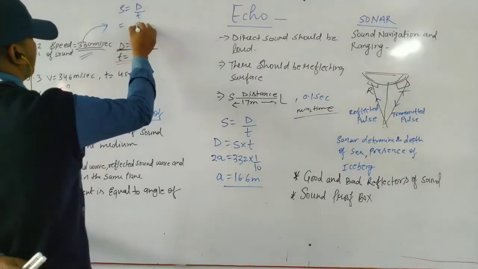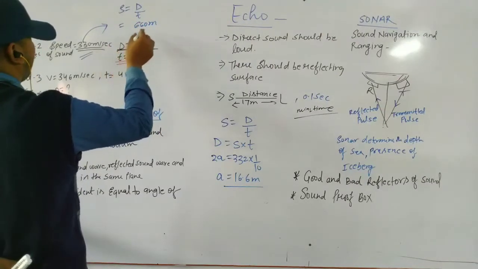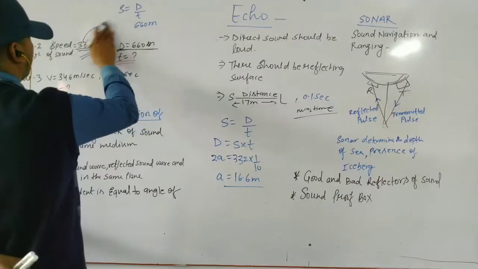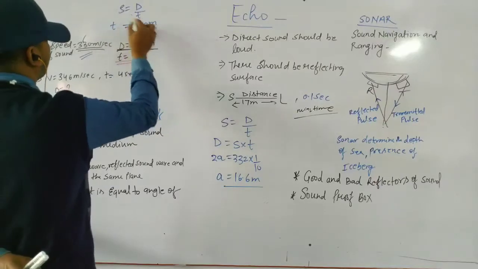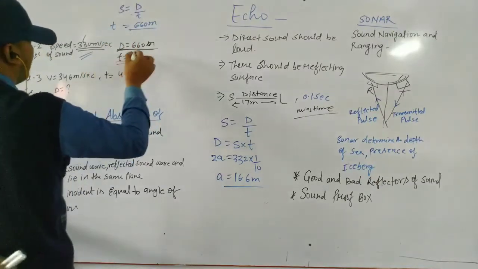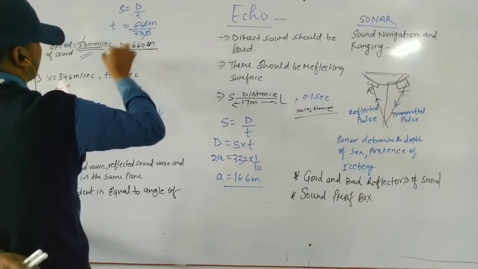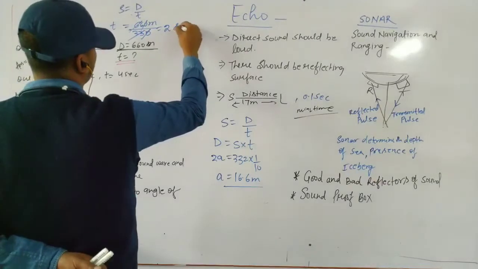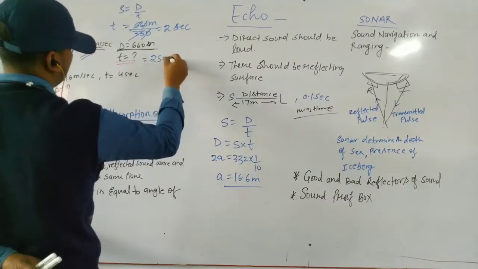Distance is 660 meter. Time will go here, and the speed will come in the denominator. So 660 upon 330. Zero cancels zero, 33 times 2 is 66, which means 2 seconds. The sound can be heard in 2 seconds.